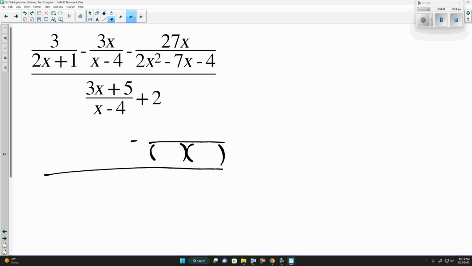There's not a number we can pull out of this here, and since the 4 is negative, our signs are opposite, yes? Positive and negative. If we look at the factors of 2x squared, we'll have x and x, and then we'll also need 2 and 1. Now we need to figure out which one's going to have the 2 and which one's going to have the 1, yes? Are there any other factors that we could use as a hint?